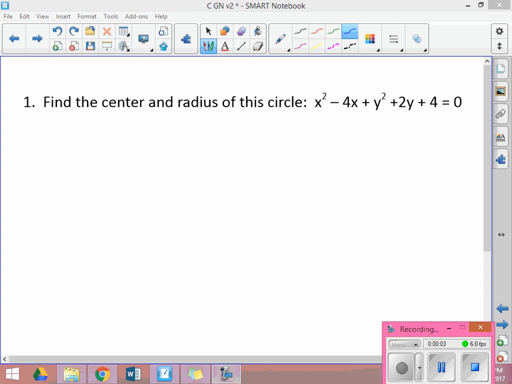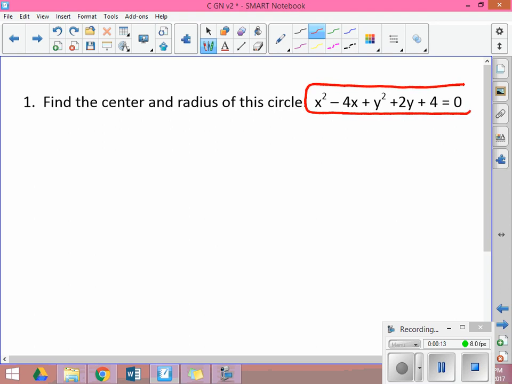So how does this concept of completing the square work with circles? So here we go. We are going to find the center and the radius of the circle expressed by this equation. And that's a big mess. And remember, we like to look at our circle equations like this: x minus h, the quantity squared, plus y minus k, the quantity squared, equals r squared.